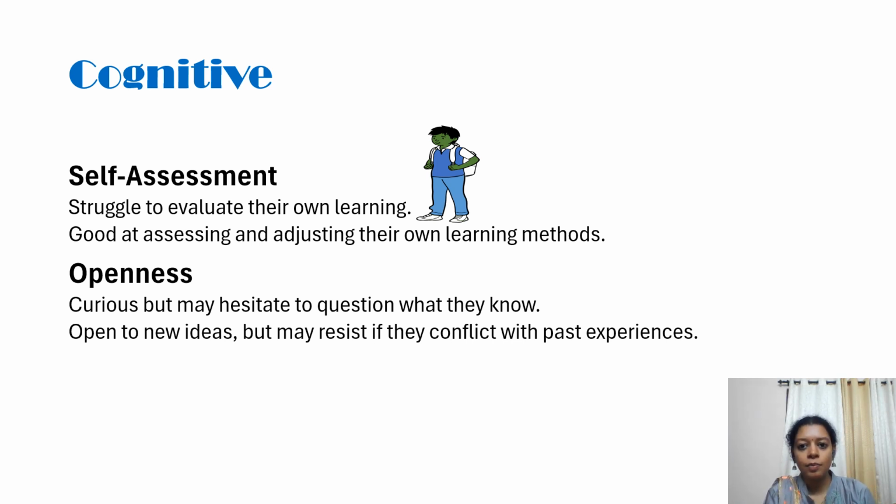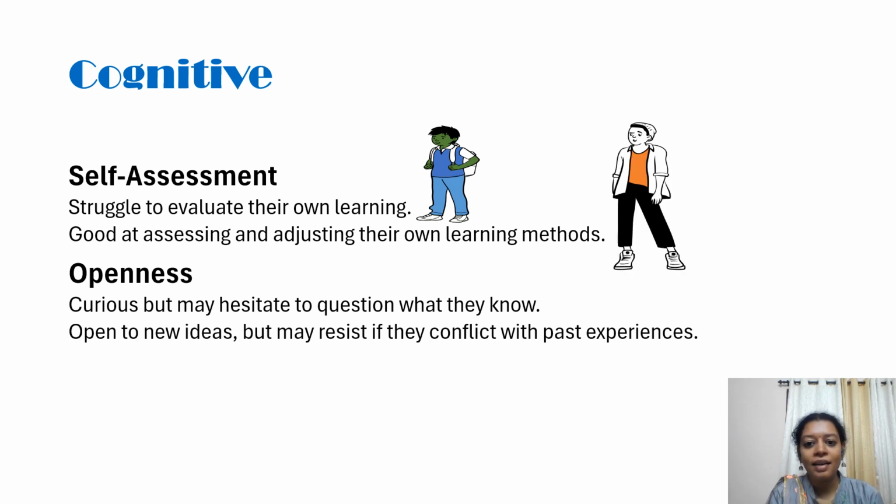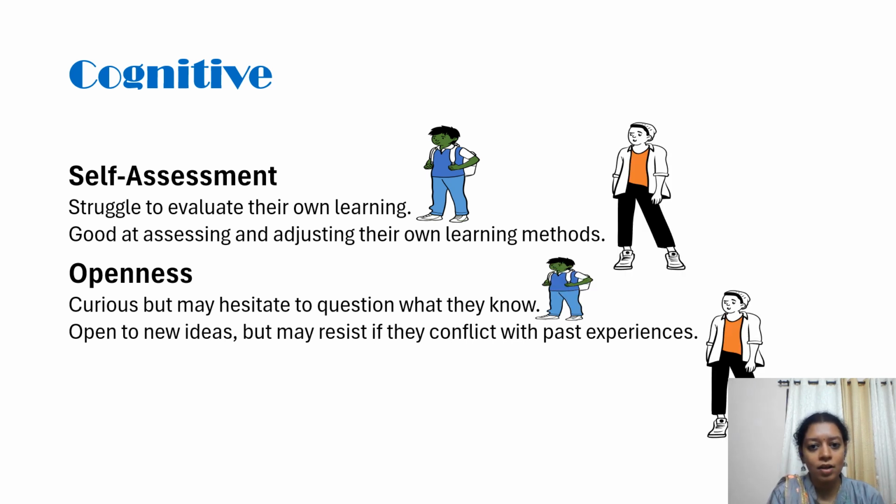Okay, so the next one is openness. So curious but may hesitate to question what they know. But the other learner is open to new ideas but may resist if they conflict with past experience. So whenever there is past, that is adult learner. Another one is the adolescent, right?